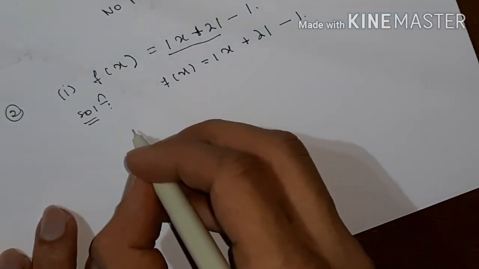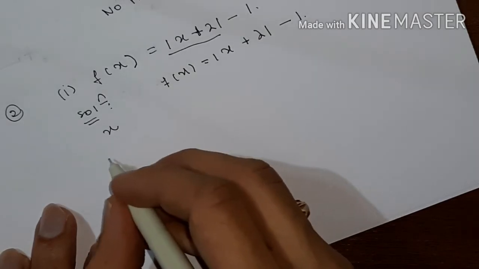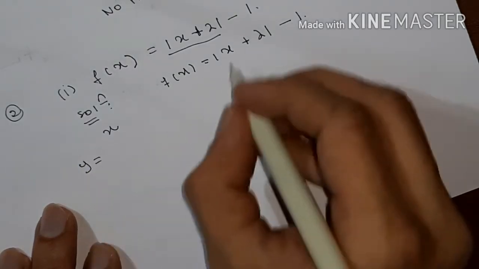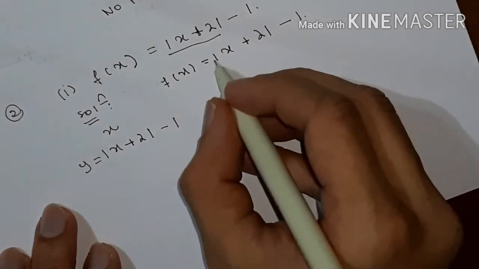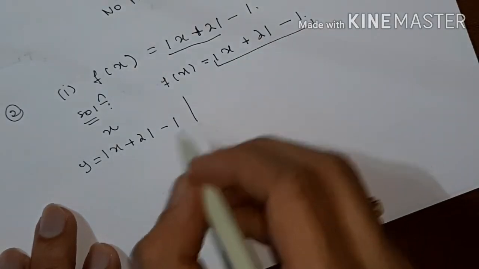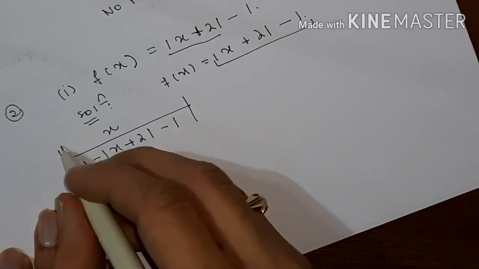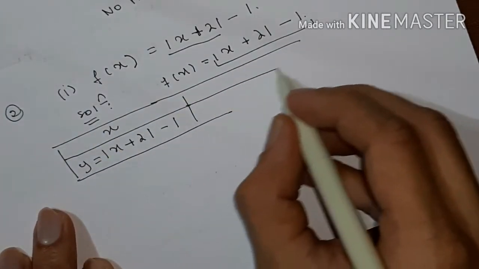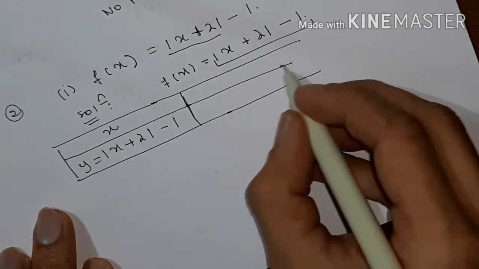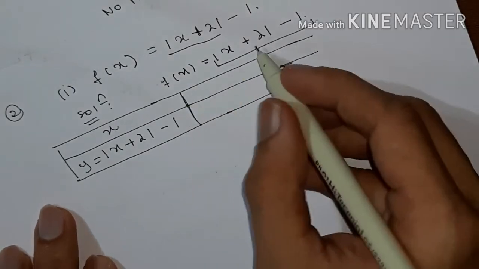So you take x and y, that is modulus of x plus 2 minus 1. If you take values for x, find the values for y.